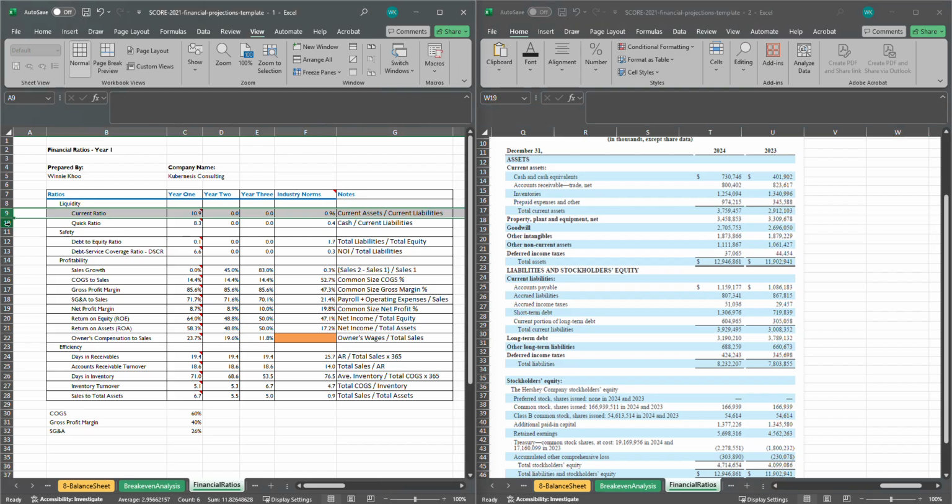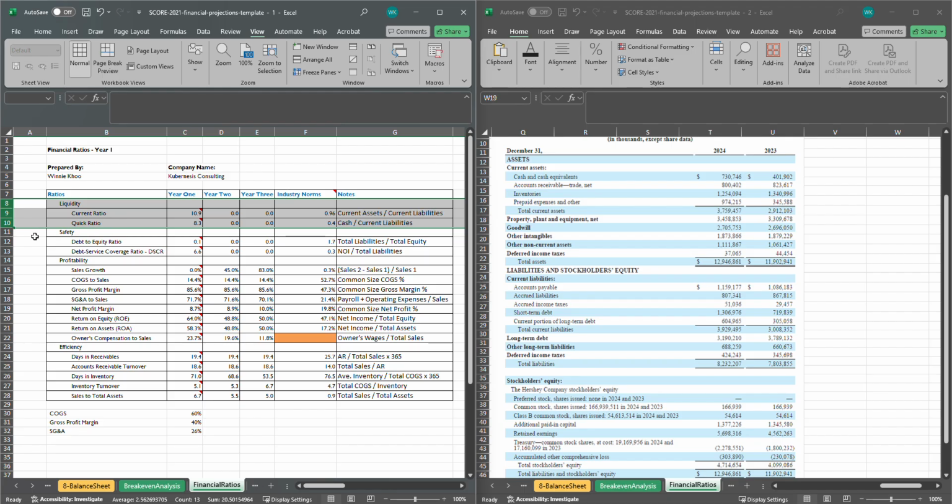So for my small business, I'm beating them out by 8 to 10 times the ratio. As a new business, it just means that I don't have a lot of debts starting out.